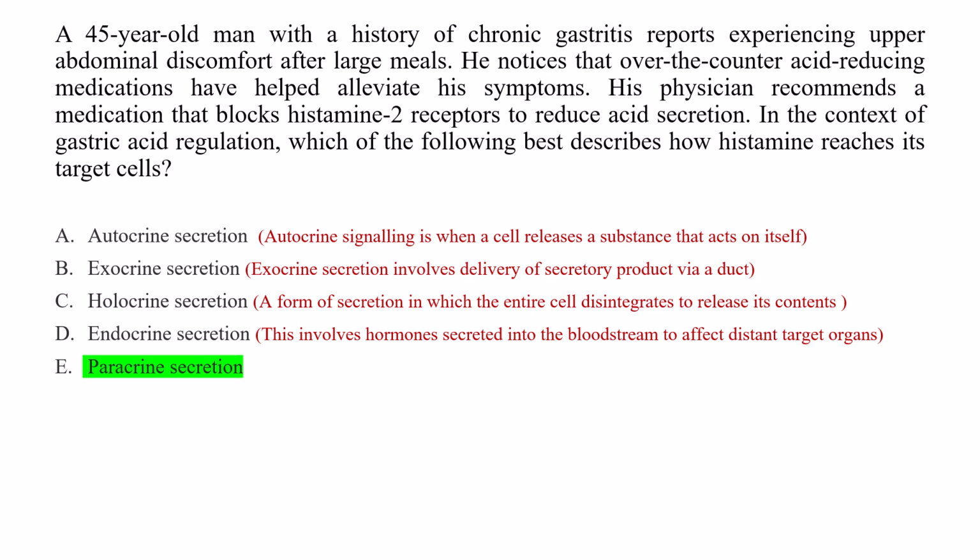And option C is incorrect because in holocrine secretion, the entire secretory cell breaks down to release the product, for example, in sebaceous glands. And option D is incorrect because endocrine secretory products are carried to their site of action in the bloodstream.